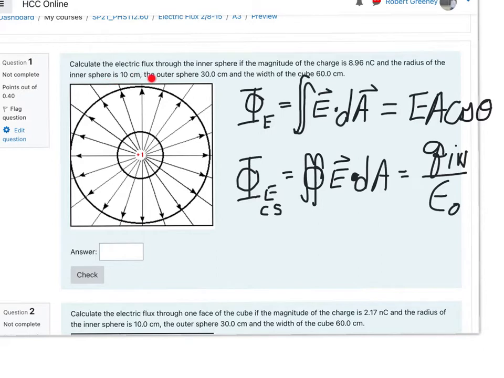It will also be the total flux through the bigger sphere. Why? Because the Q inside is the same, or visually the number of field lines is the same. So all you have to do is put the 8.96 times 10 to the minus 9 here, and the 8.854 times 10 to the minus 12 here, with the units.